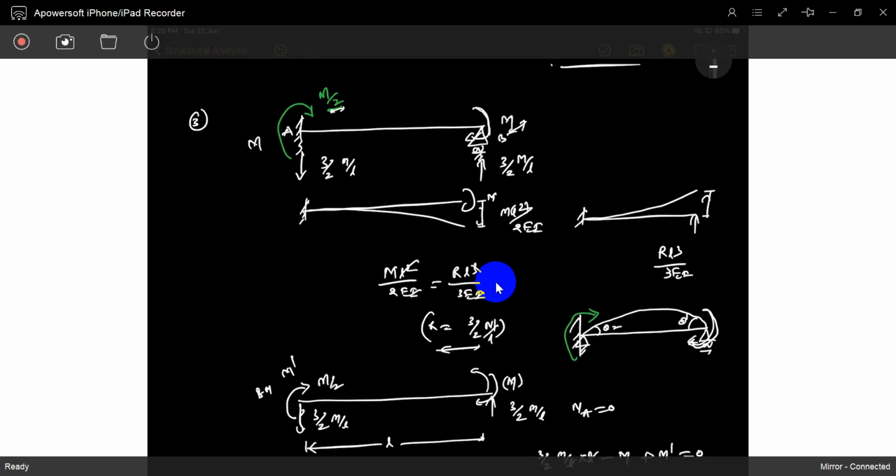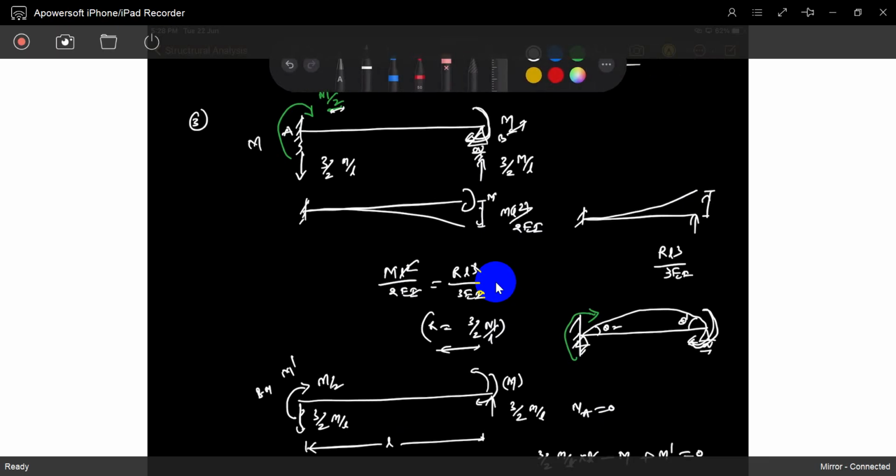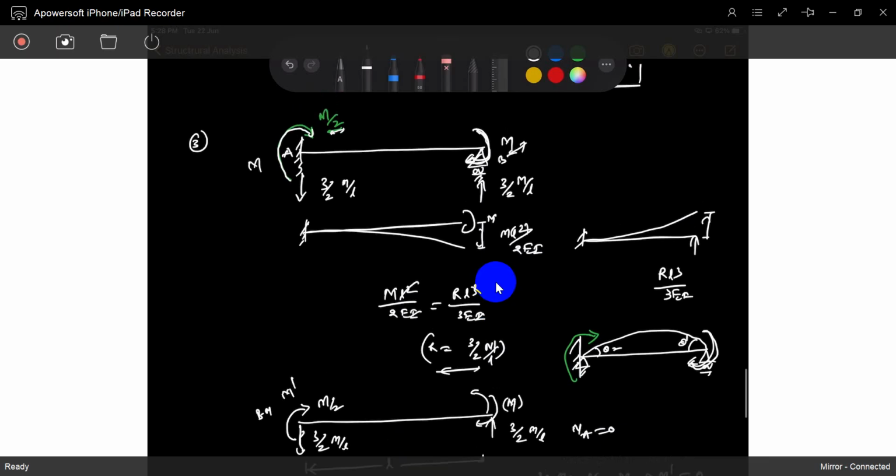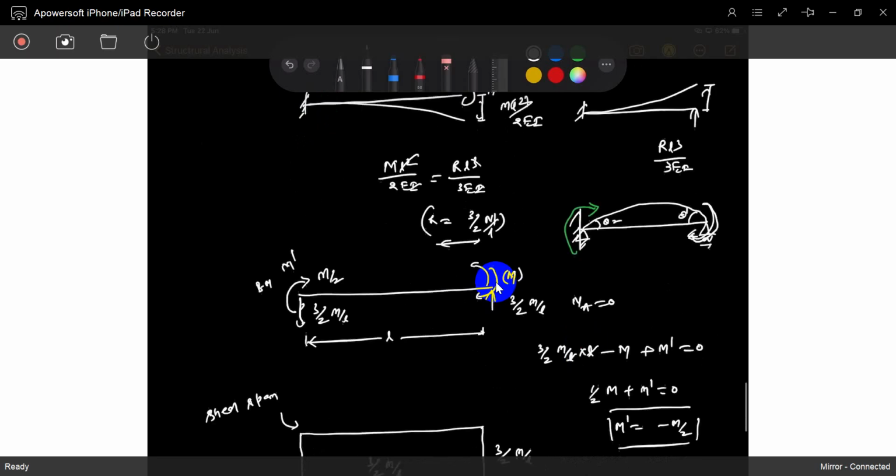If it is clockwise, it is also clockwise. That is the bigger statement. The entire moment distribution method depends on this statement. If you apply a moment at one end of the fixed beam, half of the moment is transferred to the other end in the same direction. That is a bigger statement.